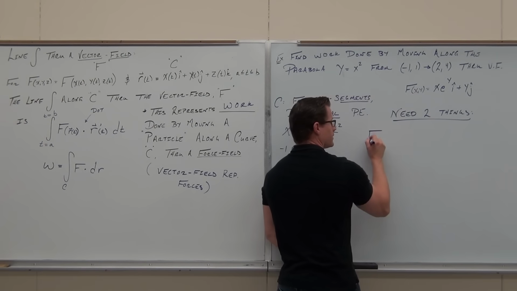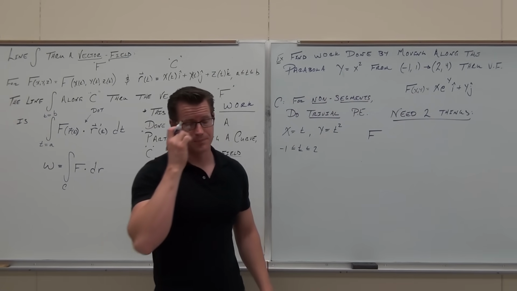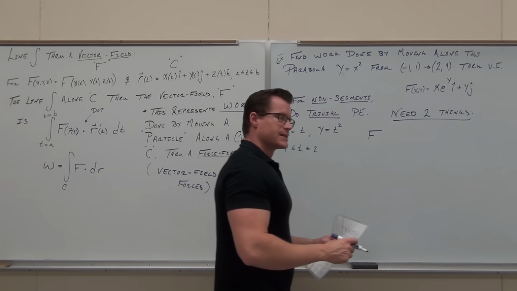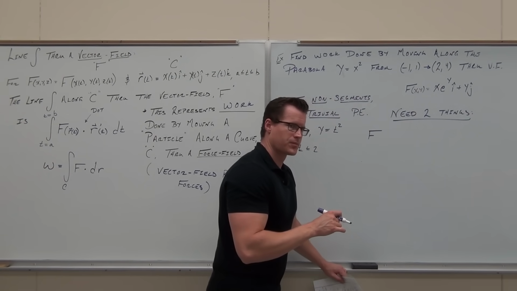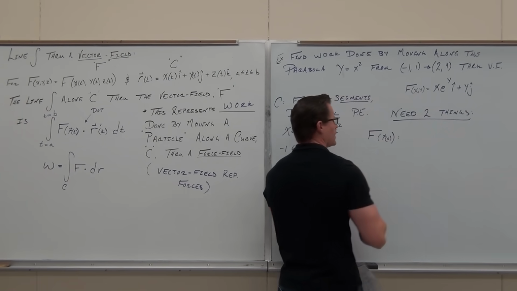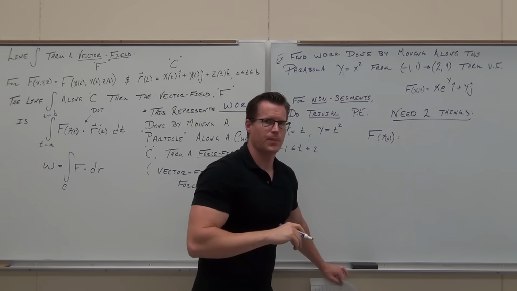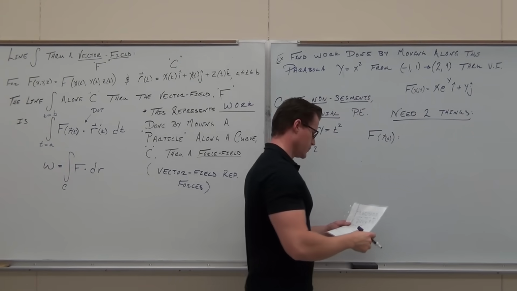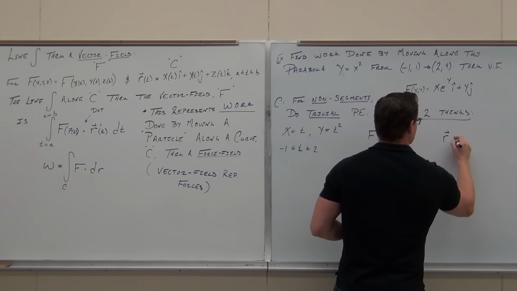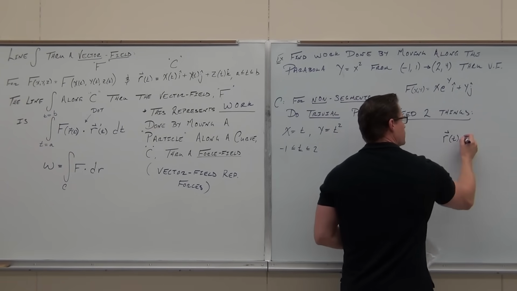We need to find the vector function, or the vector field, the function for the vector field. And it's got to be in terms of t. And we also need the curve. We need r. Those are the two things that we need.